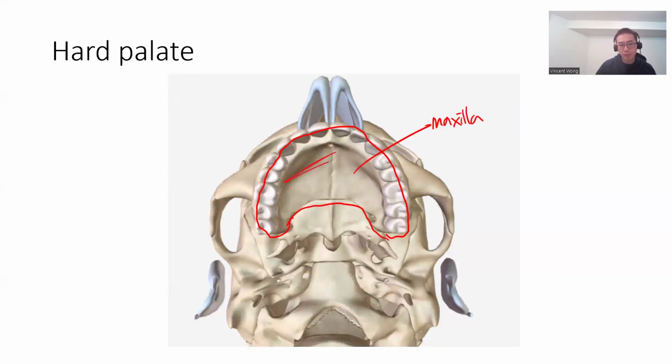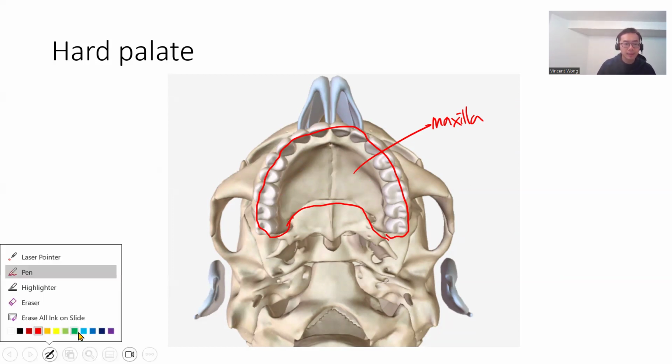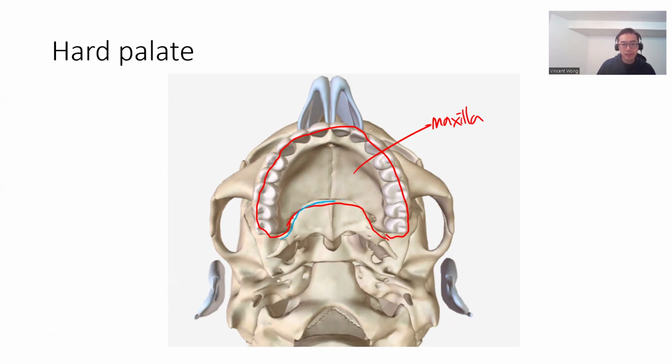It forms the roof of the mouth, the front of it anyways. And it also provides sockets for your teeth to go in. And further back, right here, that is where you have the palatine. Right? So together they form the hard palate.